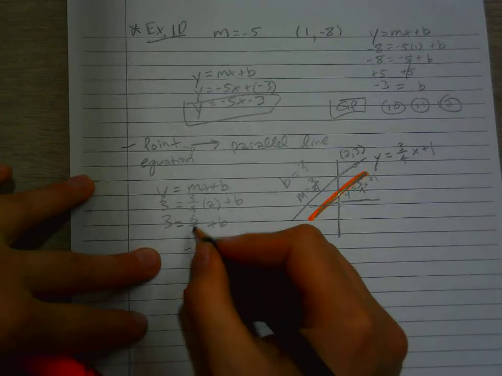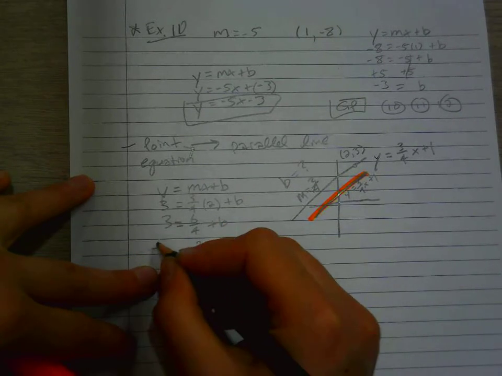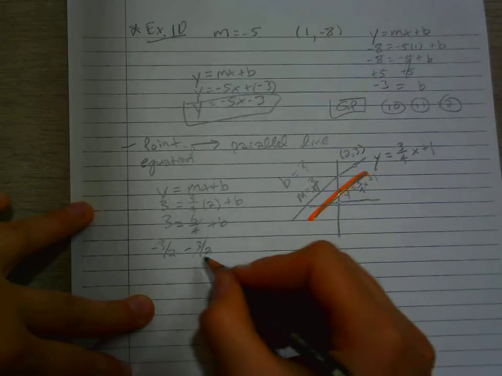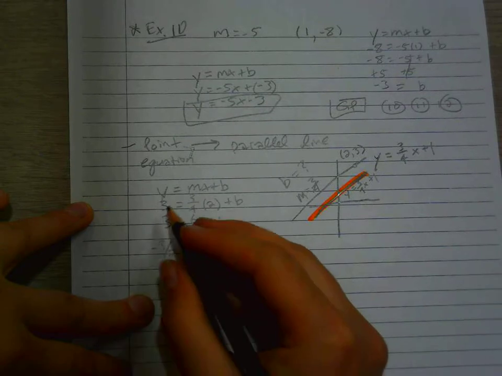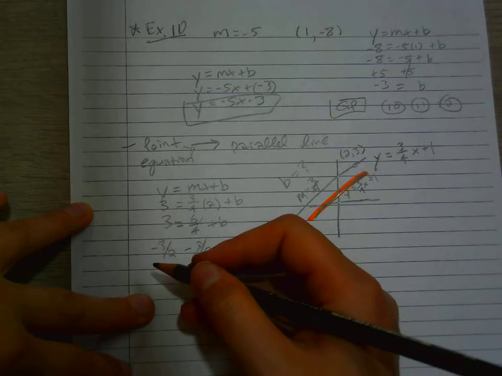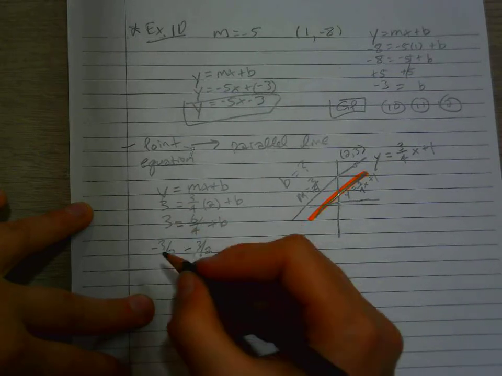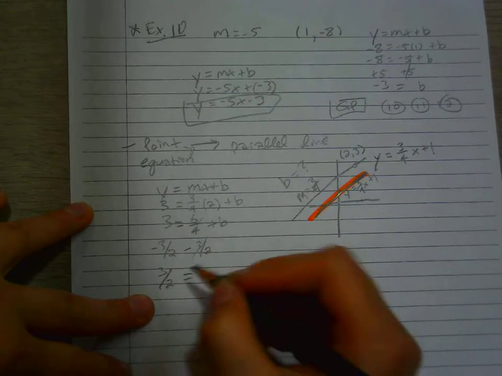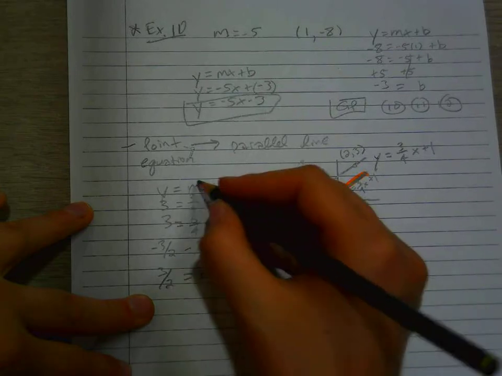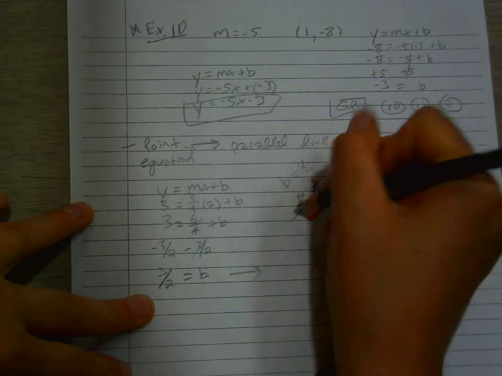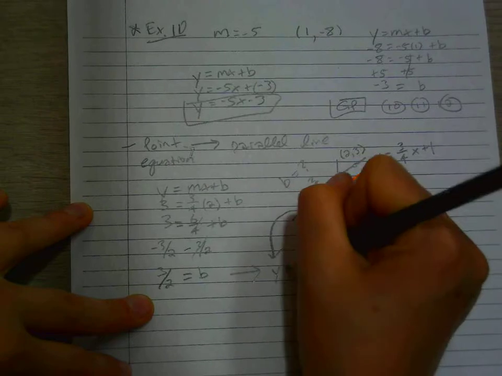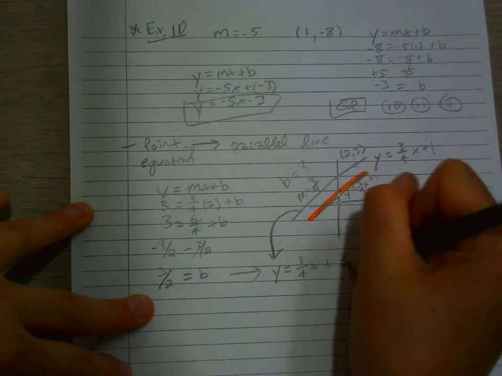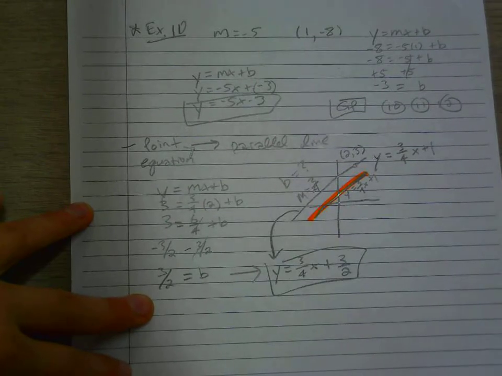We're going to subtract 6/4, which is also 3/2, from both sides. These cancel. That becomes b. 3 minus 3/2 is 3/2, which is 1.5. So now we know b. We can put that into the equation for this line. So this line's equation is y equals 3/4 x plus 3/2. And that's the answer.